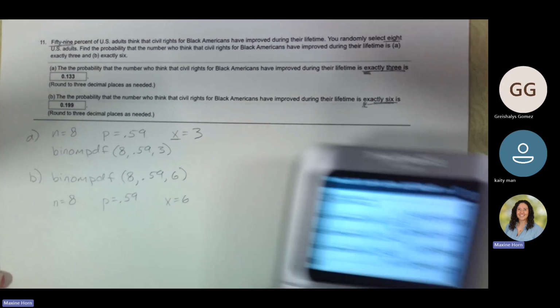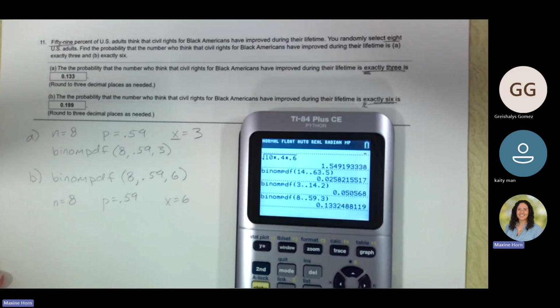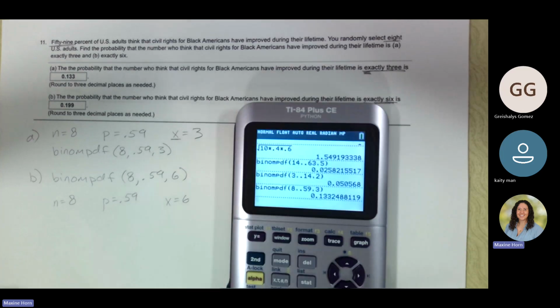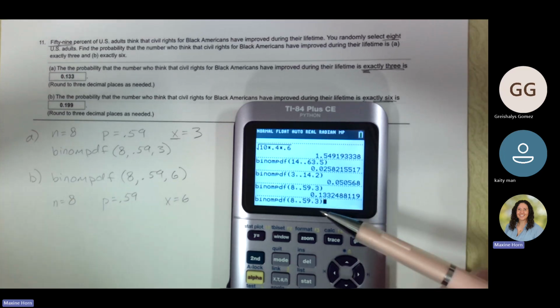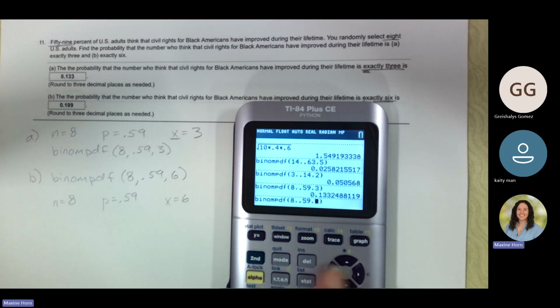Quick little thing in the calculator. We can definitely go back and do second vars and go back into the menu, or if you want, if you arrow up and highlight that binom PDF, if you hit enter, it will take that and copy it and paste it down at the bottom so that you can go back and tweak it and edit it without having to go back into the menu. So again, I arrowed up.